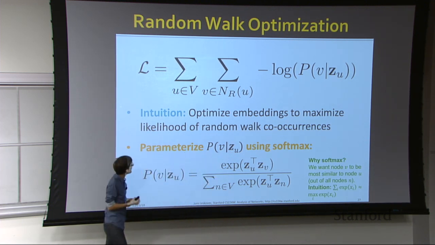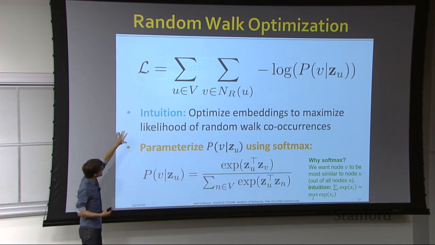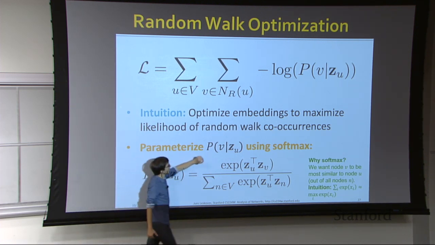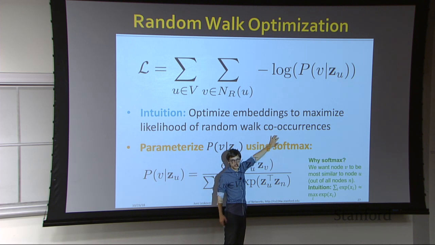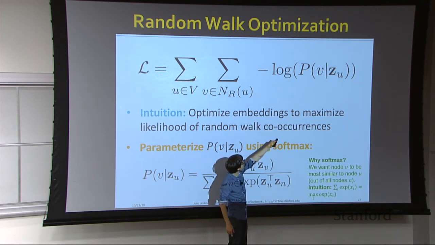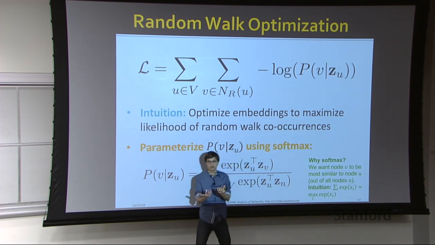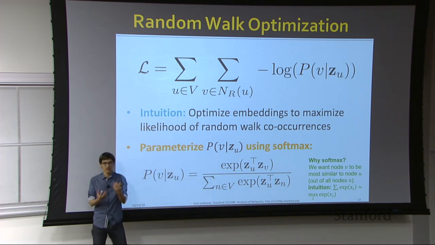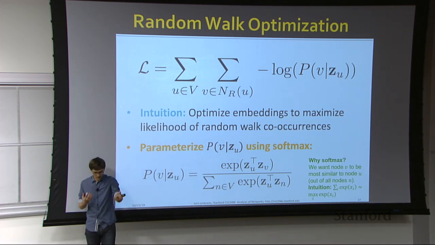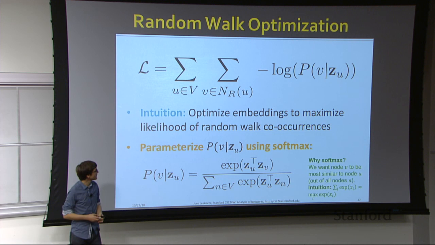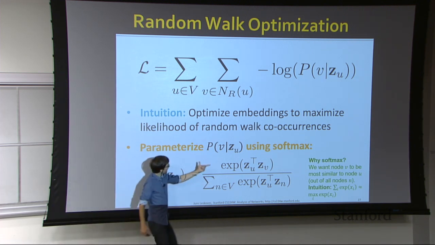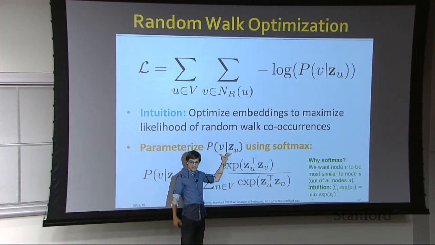Basically, I'm trying to maximize the likelihood of random walk co-occurrences. Nodes U and V co-occur in a random walk: node V is a neighbor of node U, node V gets visited from a random walk from node U. So the question is, how do I parameterize this probability?